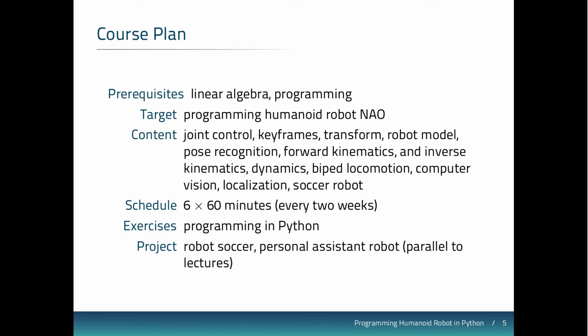Here is the basic plan for our lecture. You are expected to have basic knowledge of linear algebra and some basic programming knowledge. The target of the lecture will be programming humanoid robot. The teaching content will include joint control, keyframes, pose recognition, forward kinematics, and inverse kinematics, and so on.